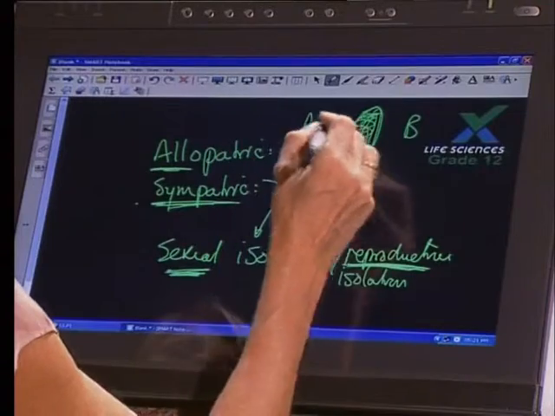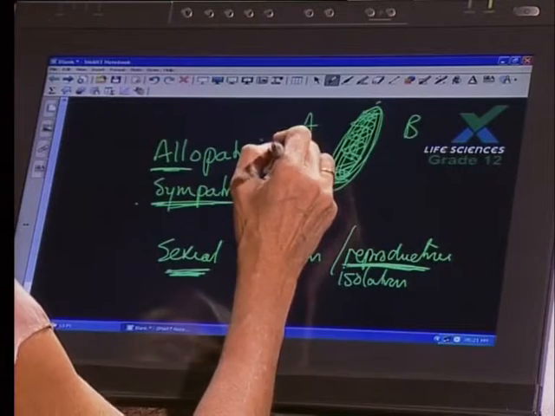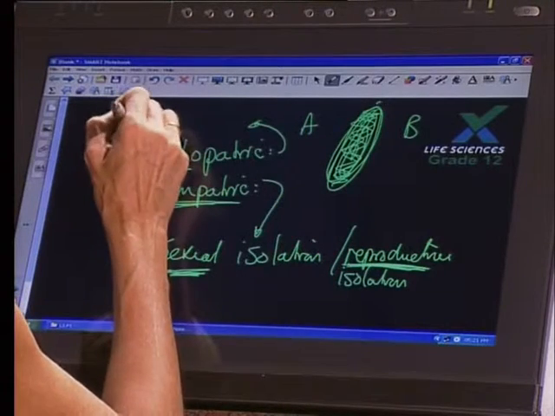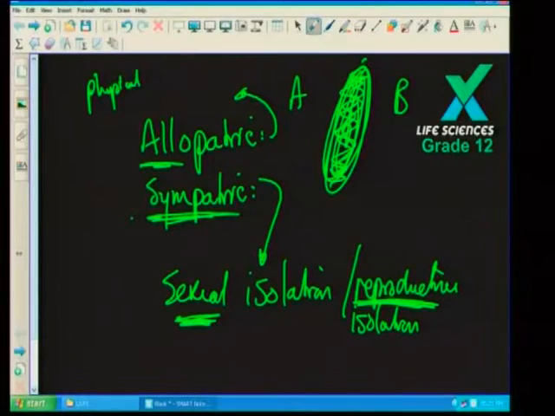So with allopatric, there is always one big physical barrier, and that can be a geographical barrier of some sort: a sea, a huge fast-flowing river, the Grand Canyon, or whatever, but they are separated by something physical.